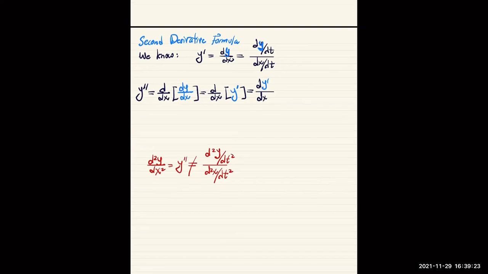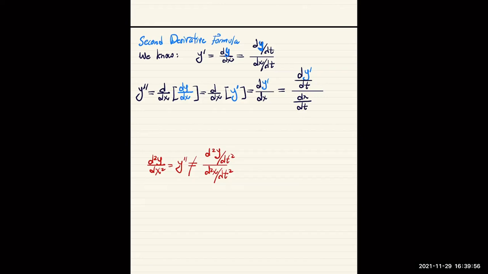So this is equal to dy prime/dt divided by dx/dt. This is the formula for the second derivative of y with respect to x. As you see, we do not have the second derivative with respect to t here.